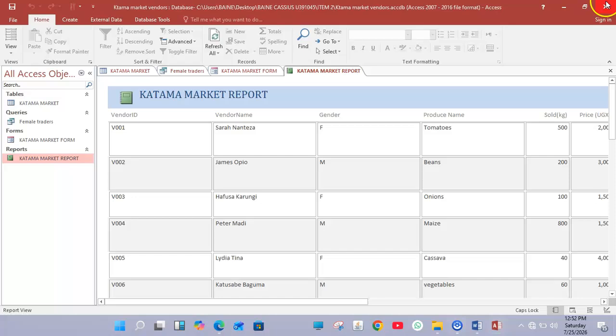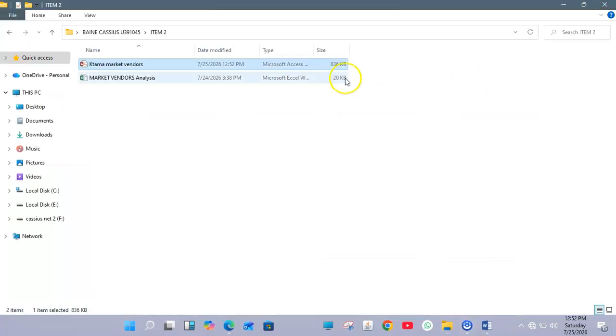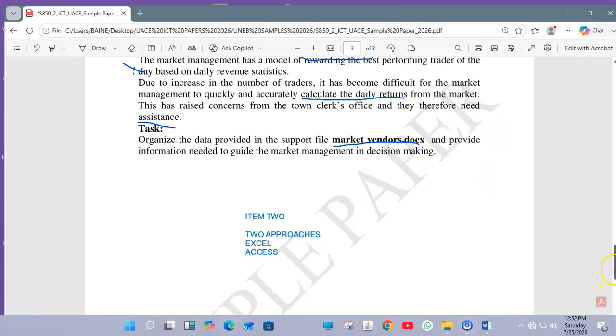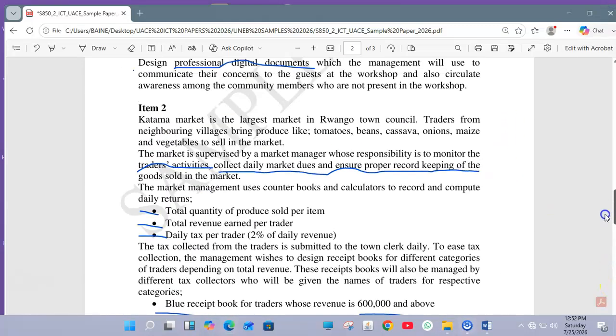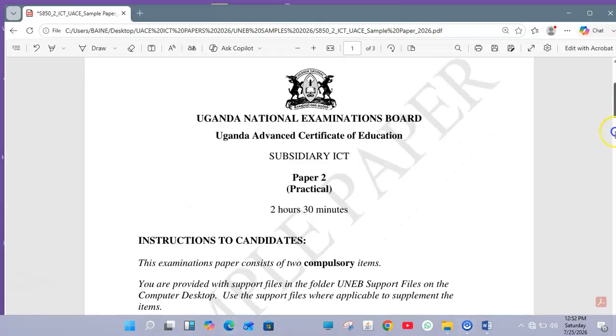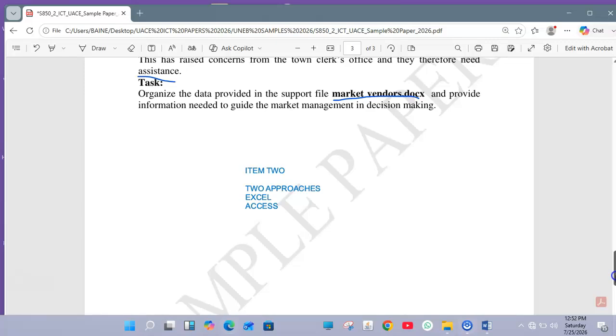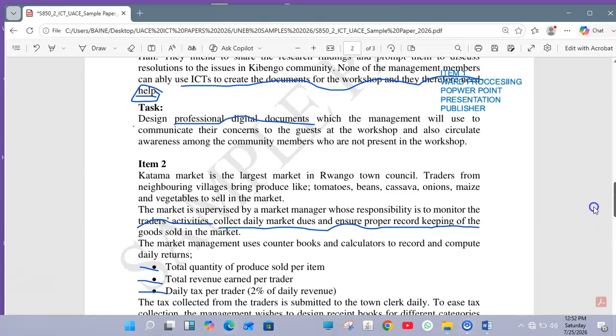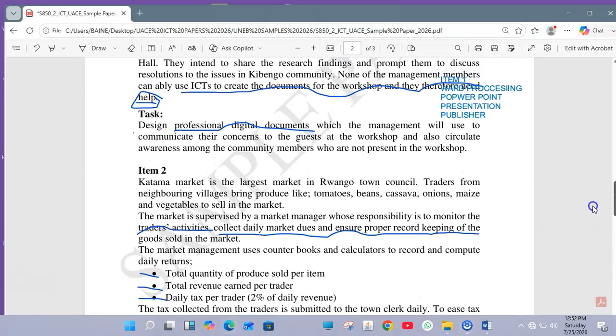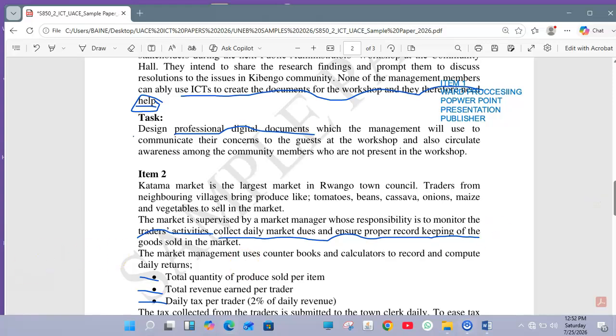So that is it. Go ahead and look at how we can answer each of them, with two approaches for the first item and also two approaches for the second item, and we see how best the student would have answered this question at his maximum. Thank you.